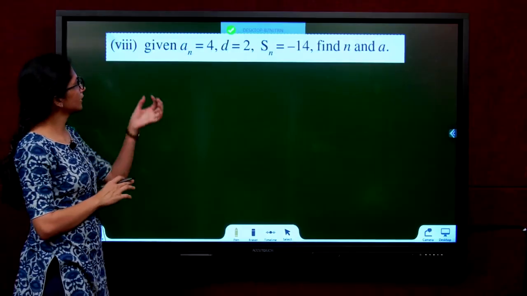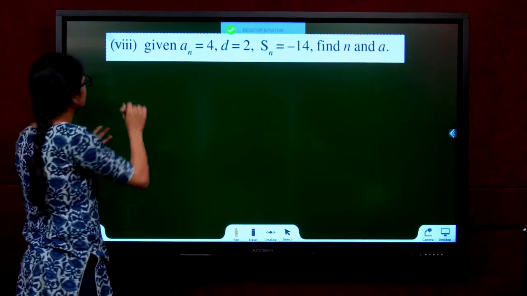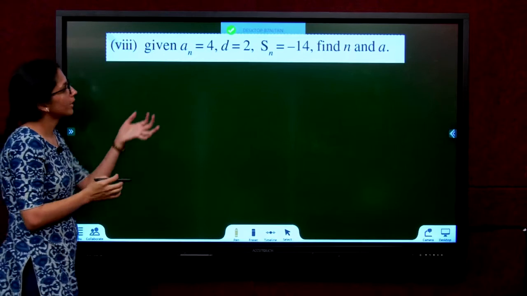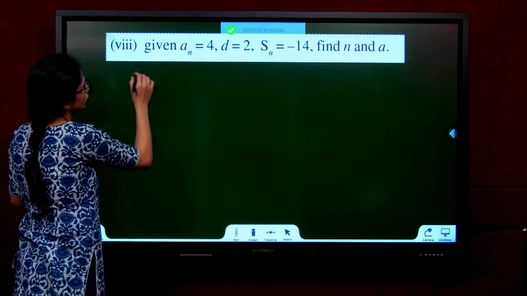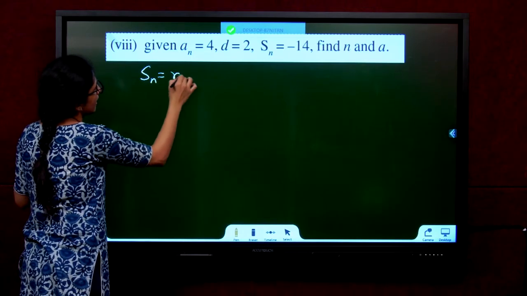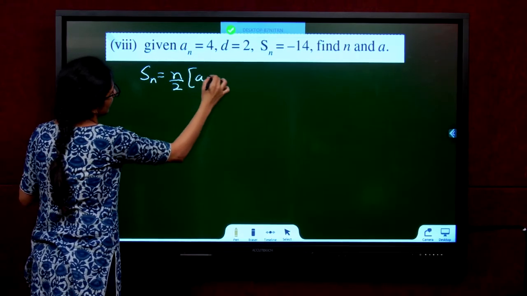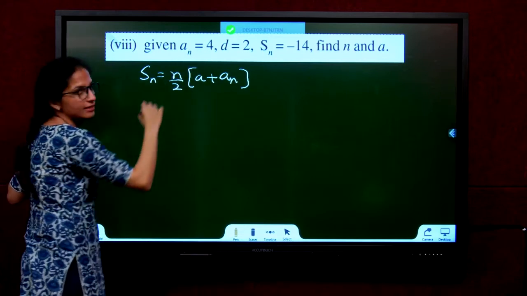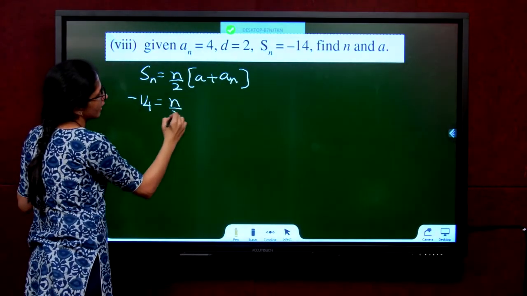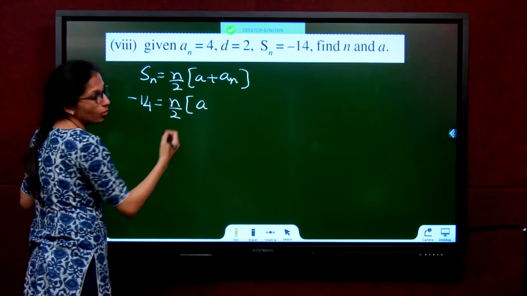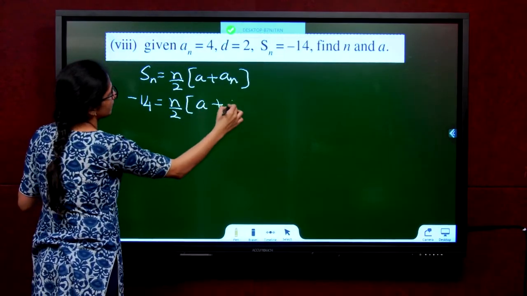So in this question, it's a little complicated. Mark the sum. You need to understand it. an, d, Sn is given. You have to find n first. So first of all, what is Sn? n by 2 into a plus an. Why am I going for this method? Because an is given. But we have a little problem here. I don't have n. I don't have a also. So this is a plus 4.